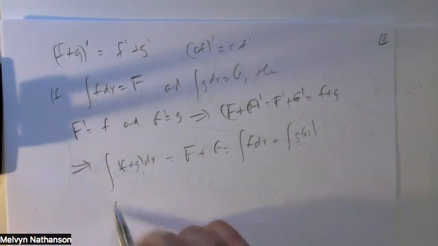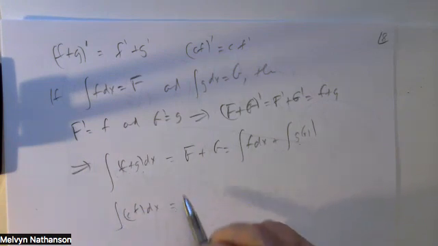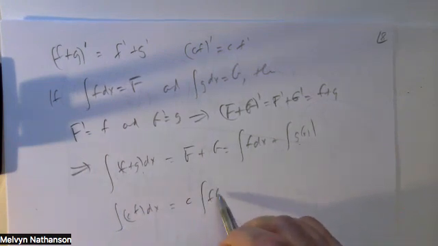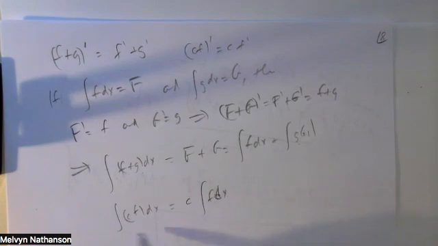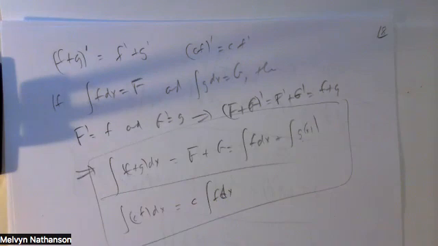And similarly, the integral of a constant times a function, you can take the constant outside the integral sign as constant times the integral of the function. So we have these two fundamental properties of antiderivatives, the constant multiple rule and the sum rule.